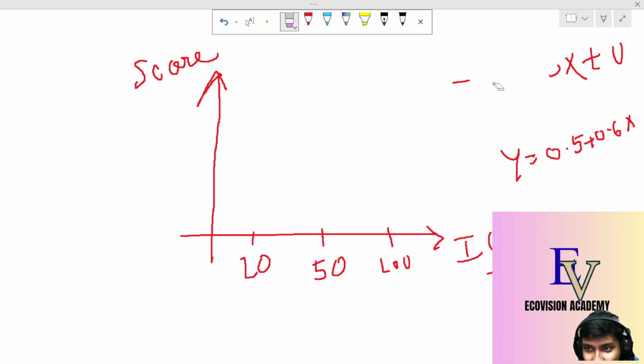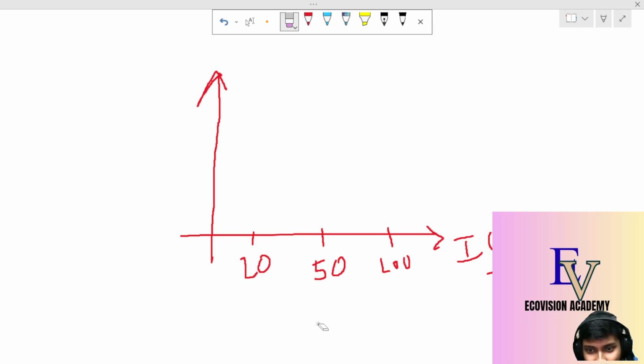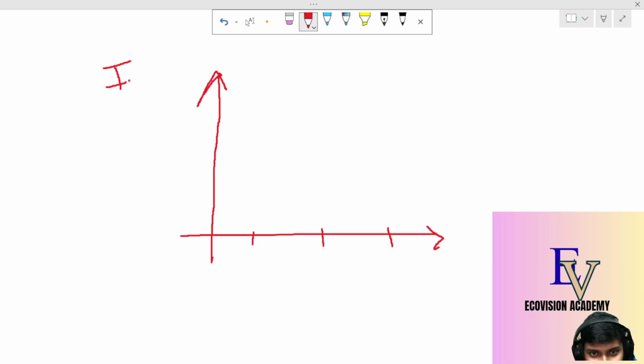I am going again to the inequality Kuznets curve. What was the inequality Kuznets curve telling us? We measure inequality on the y-axis and GDP on the x-axis.